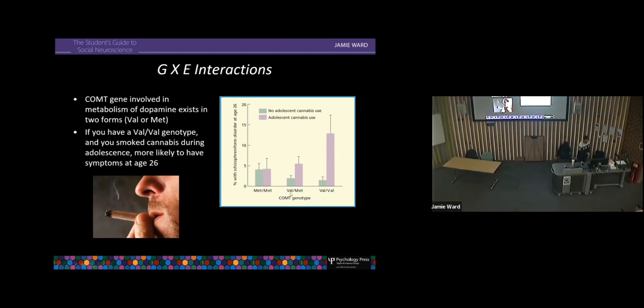Is that what val is? And basically, if you've got double valine genes, and you smoked cannabis as an adolescent, your probability of reporting schizophrenic-like symptoms goes very high. And that's at age 26 here.